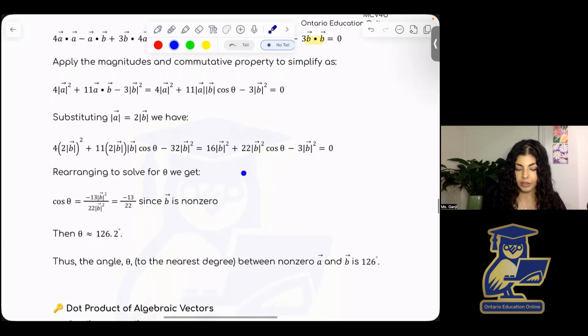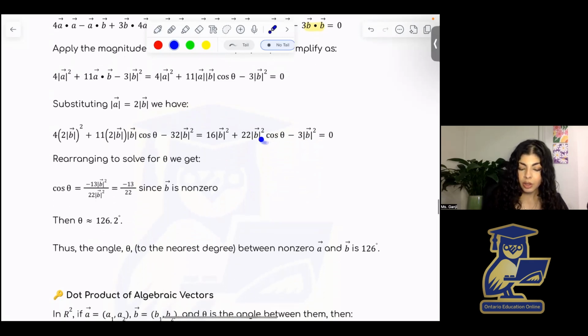And here I can just combine these two. It's 13 times magnitude of b squared. And I'm solving for cosine of theta. So I've moved that expression to the right-hand side. And then I divide by the coefficient here, which is 22 magnitude of b squared.